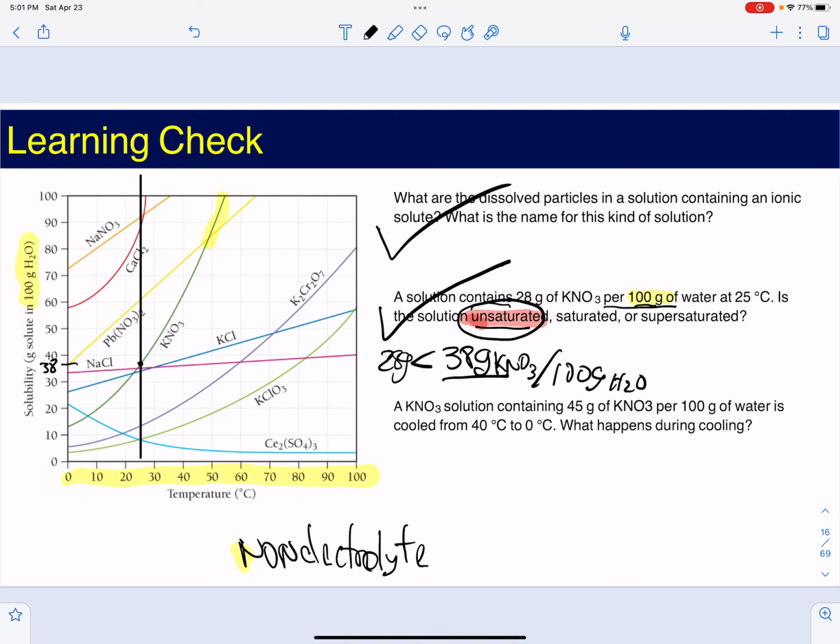The next one is a potassium nitrate solution that contains 45 grams of nitrate per 100 grams of water. So we're still talking about the solubility table. And it's cooled from 40 to 0 degrees Celsius. So what happens during the cooling? Well, the first thing we know is that during the cooling, the molecules are going to slow down, right?